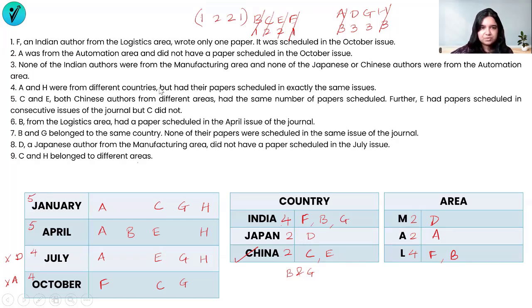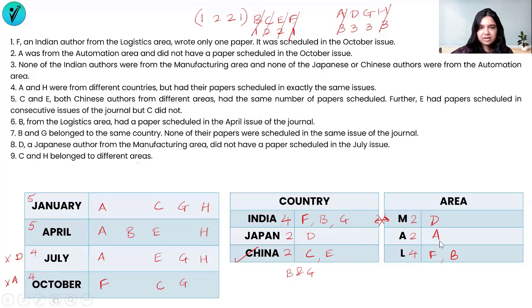So A and H were from different countries, but had their papers scheduled in exactly the same issues. All right. Now we know that none of the Indian authors were from the manufacturing area, so there cannot be an overlap here. Let me just represent that somehow. There cannot be an overlap here. And none of the Japanese and the Chinese authors were in automation.